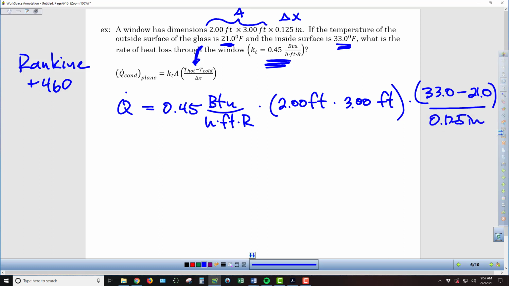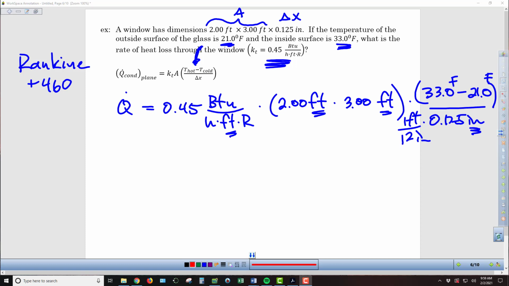Now one thing we do have to be careful of, as always, is our units. Everything is in good shape. Yes, we have Fahrenheit and Rankine, but for the reason that I explained, we don't have to worry about it. We're in good shape here with the feet and feet here. We've got the BTUs, we've got hours. The one issue we have is on the inches here. We're going to have to make that conversion to feet by multiplying in the denominator here by 1 foot over 12 inches. Otherwise, the units are not going to work.